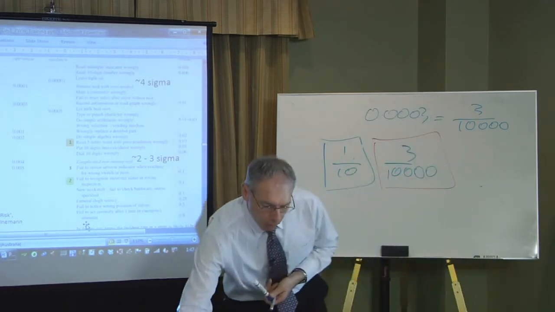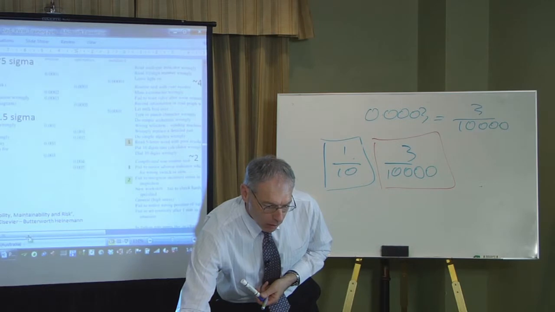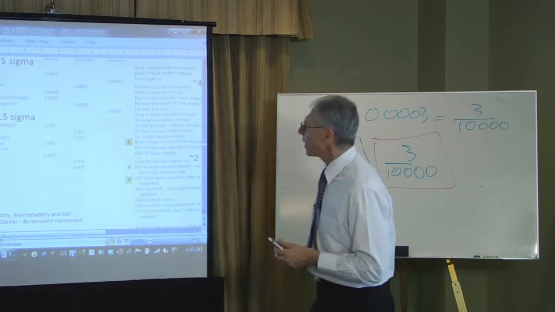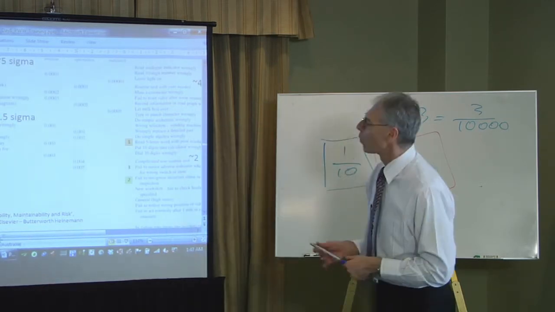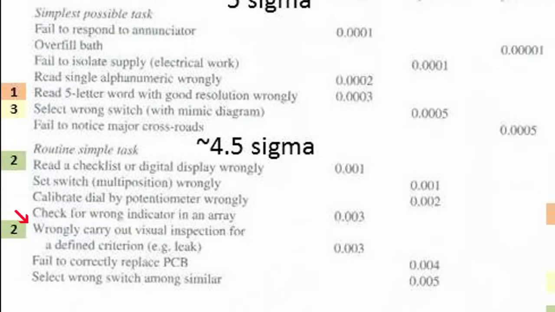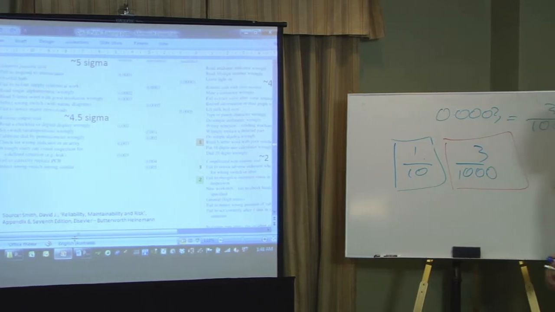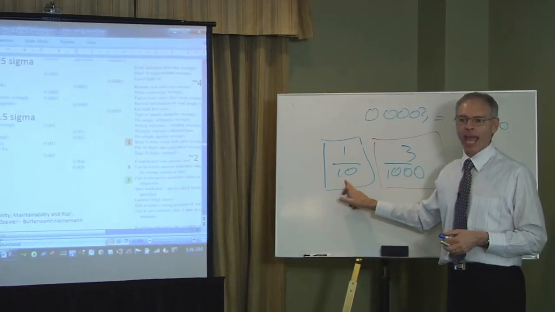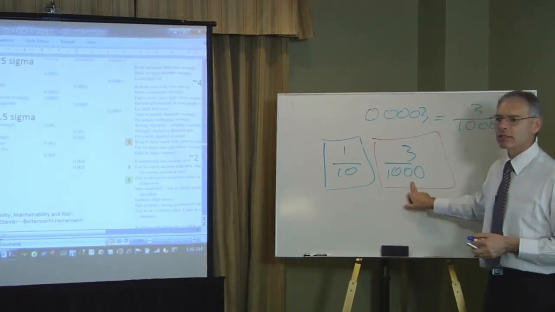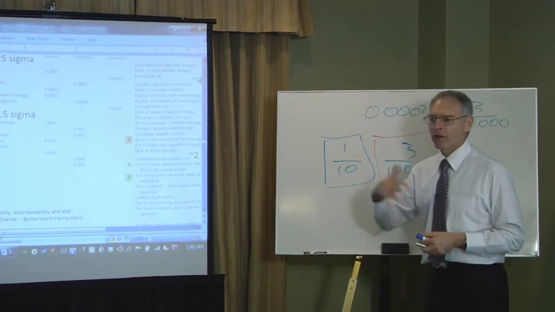But we saw before, if I then go in and convert my work order to a defined criterion, so wrongly carried out a visual inspection for a defined criterion, it now becomes 3 in 1,000.